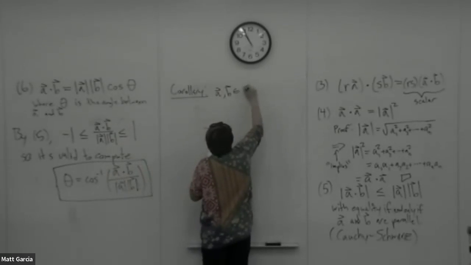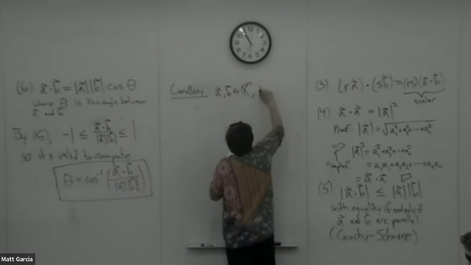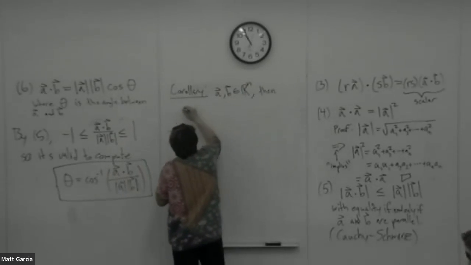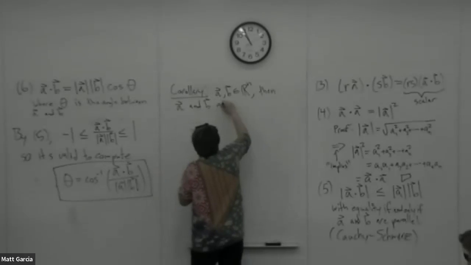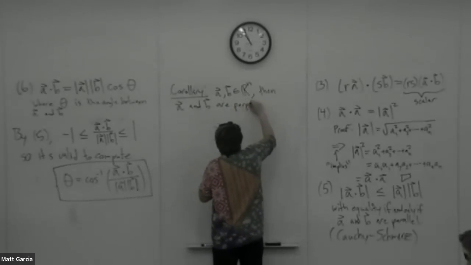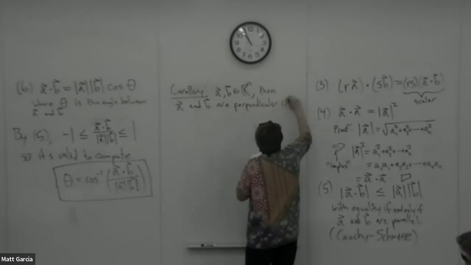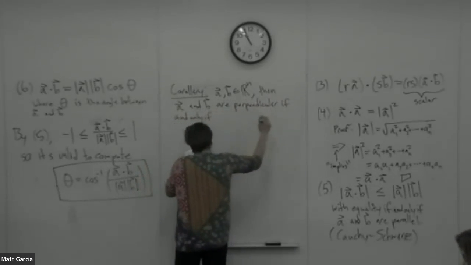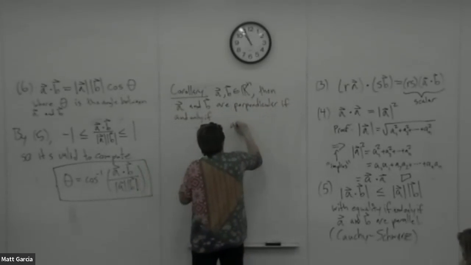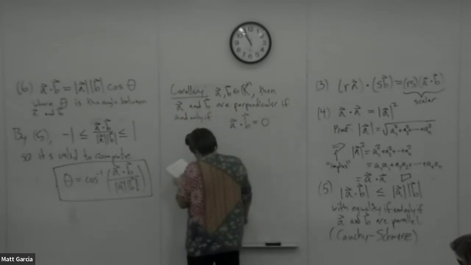If A and B are in Rn, then A and B are perpendicular if and only if the dot product is equal to 0.